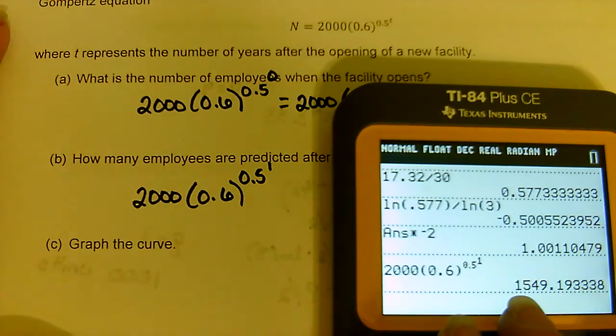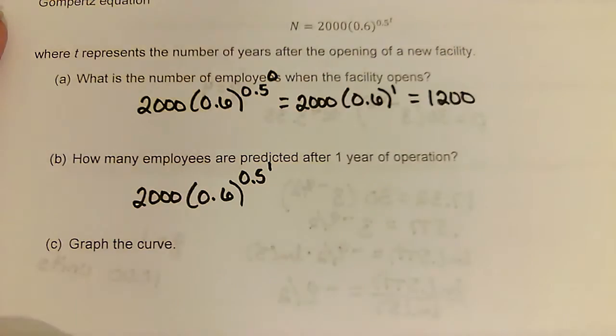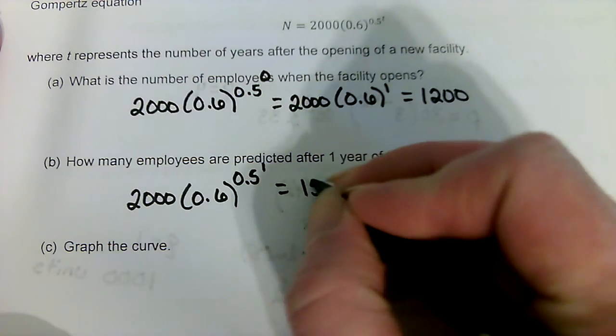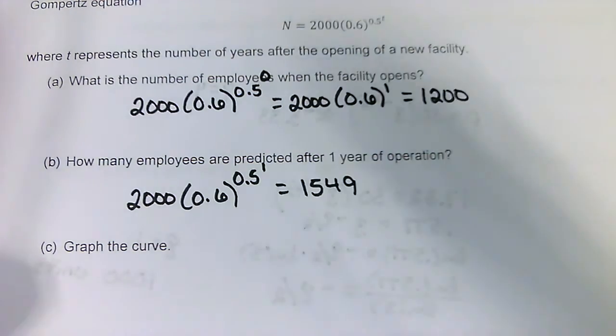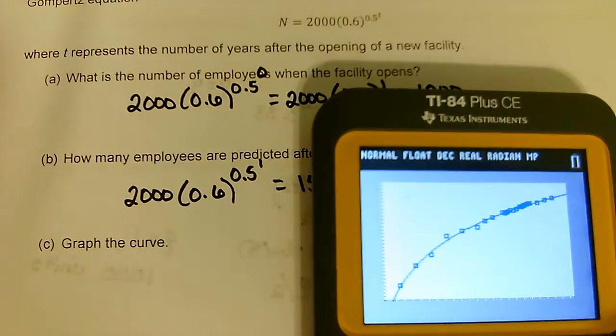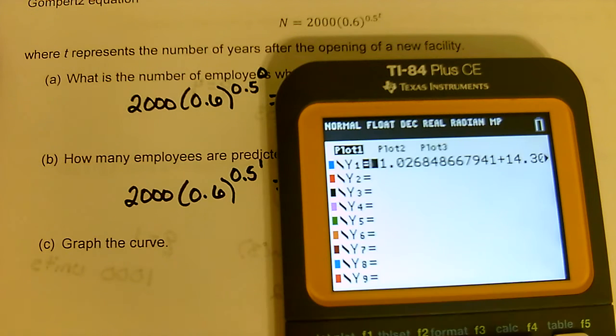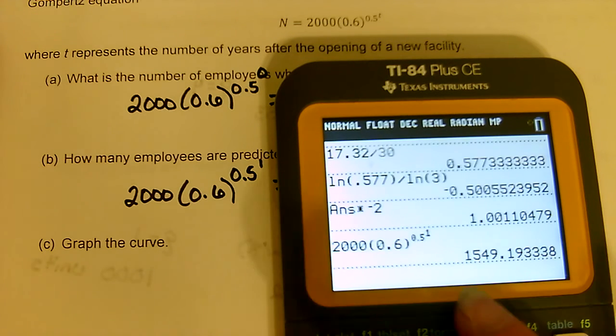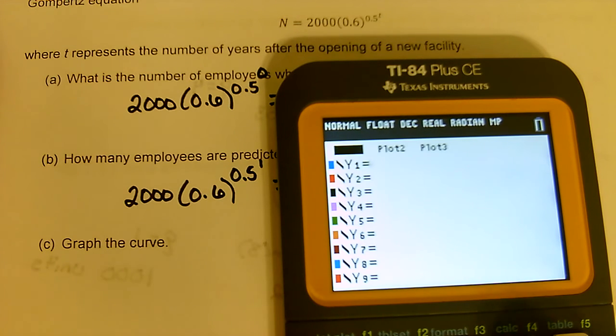And we get 1,549.1. That's about 1,549 people. And if I look at the graph of this, now, I need to change some stuff, right? Clear that out. Turn off my plot. And we're going to type in the function in here.